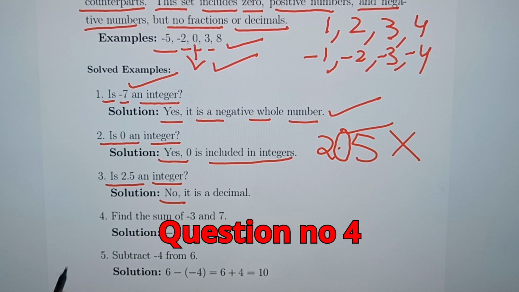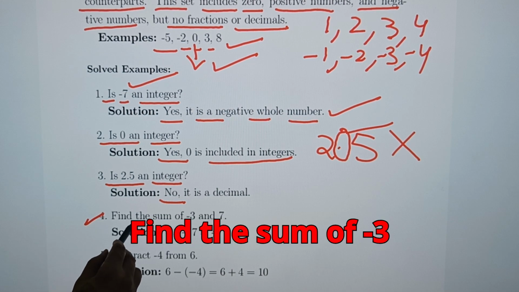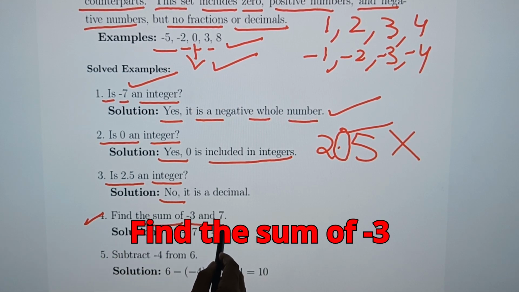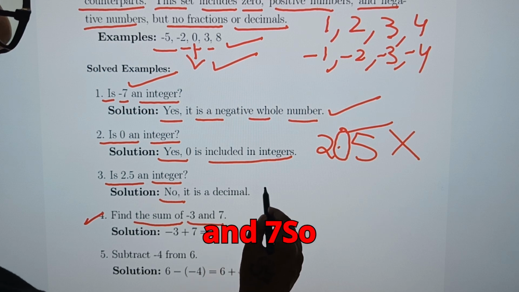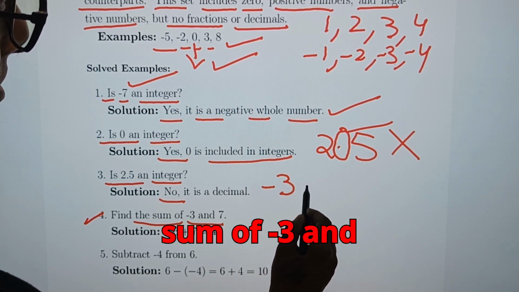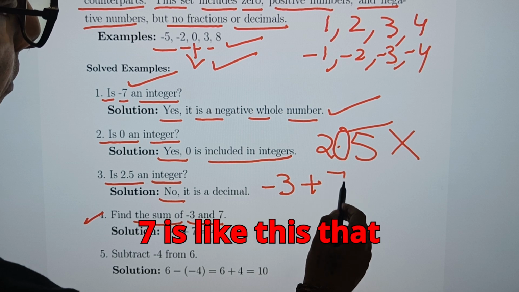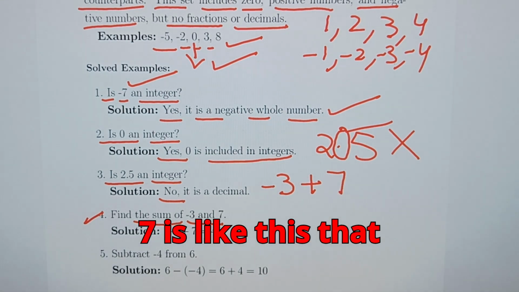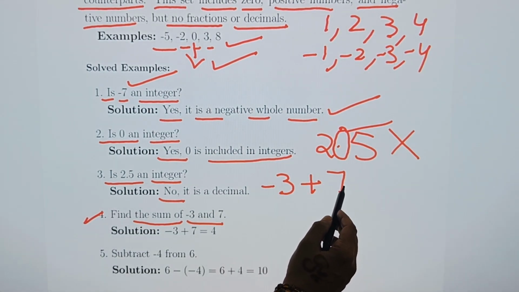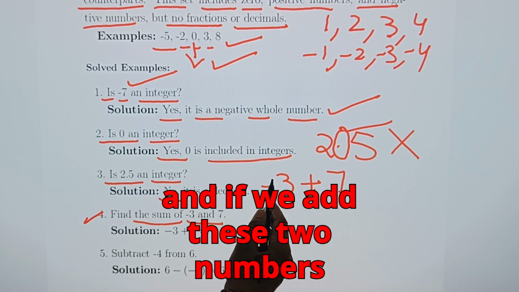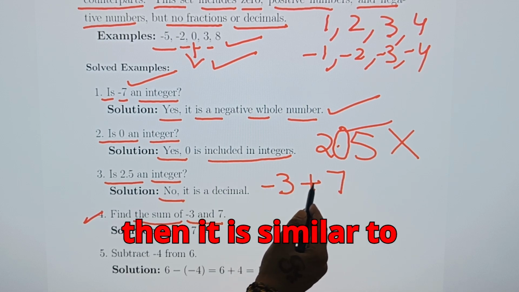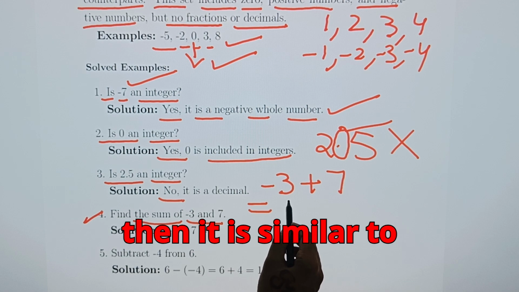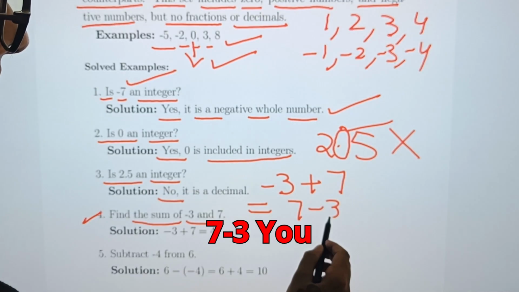Question number 4. Find the sum of -3 and 7. So the sum of -3 and 7 is like this, that is -3 plus 7. And if we add these two numbers, then it is similar to 7 minus 3.